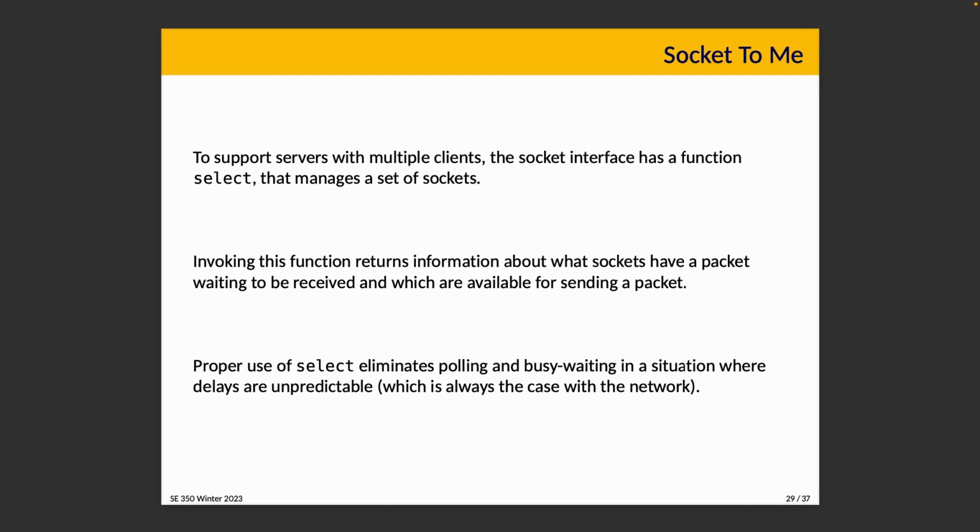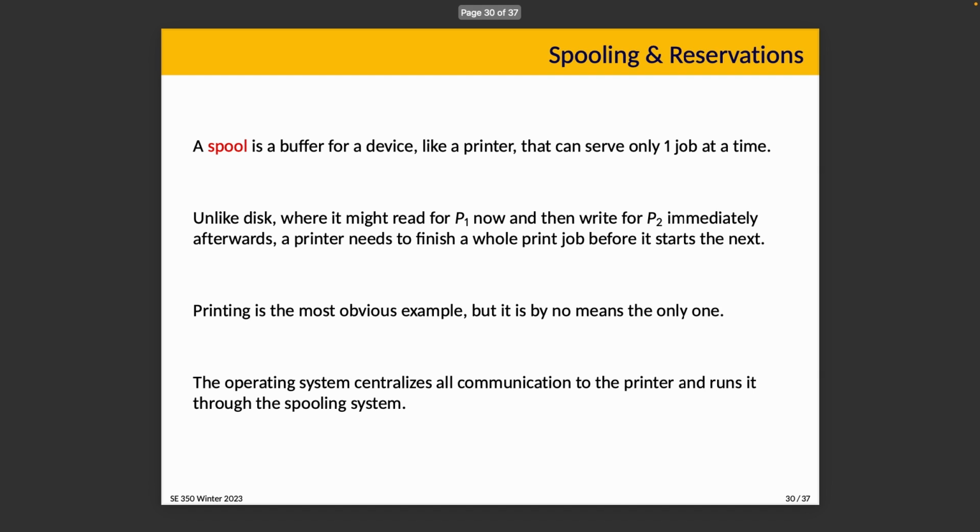That is, because select returns information about, say, which sockets have data available and which ones don't, we don't get blocked and we don't have busy waiting by trying to receive data on a socket that has no data to receive right now. It does eliminate some headaches where delays are unpredictable, and delays are unfortunately always unpredictable when we're talking about the network.